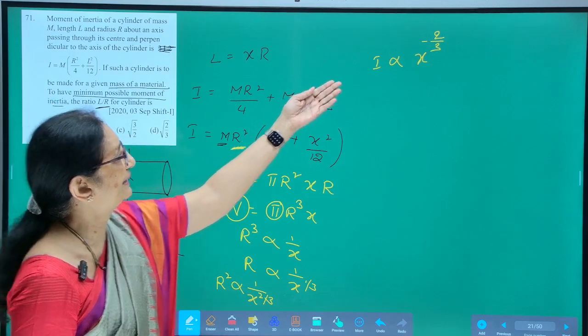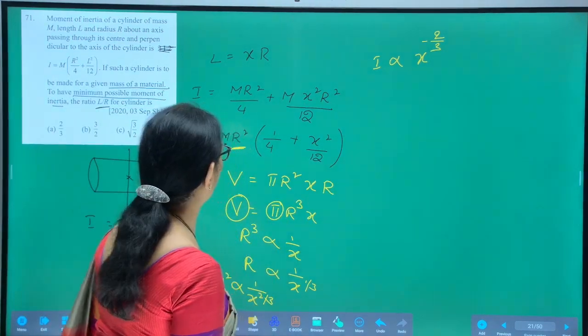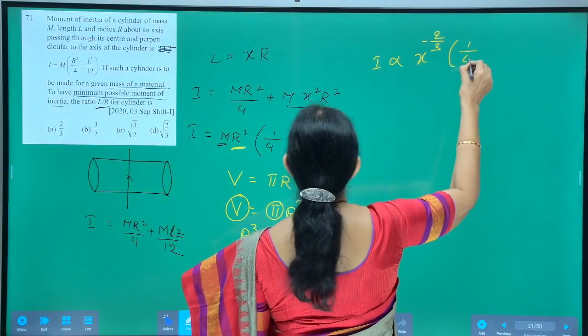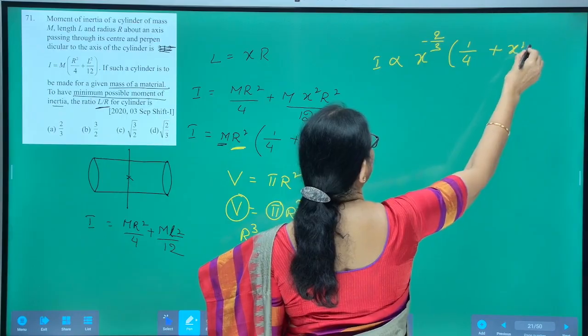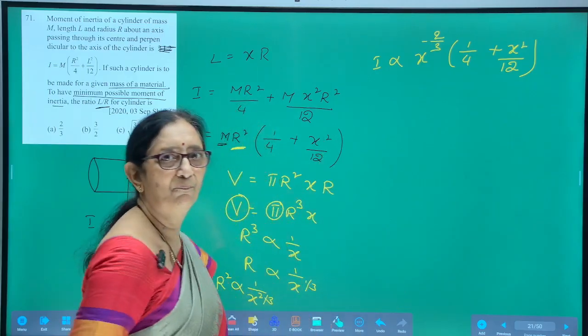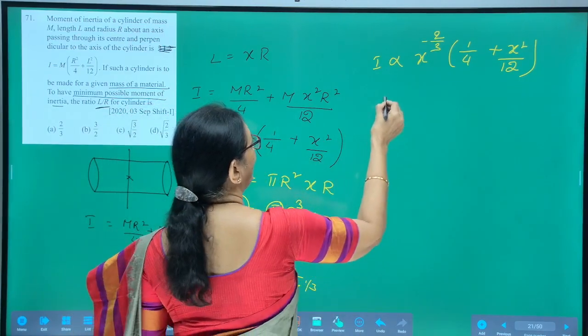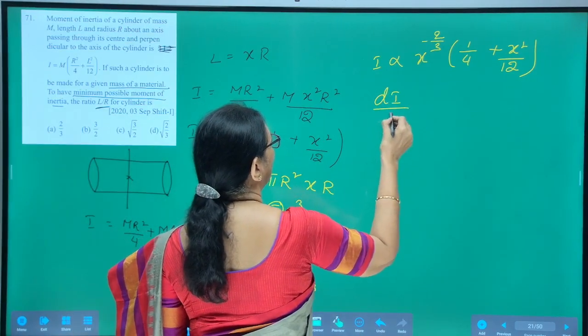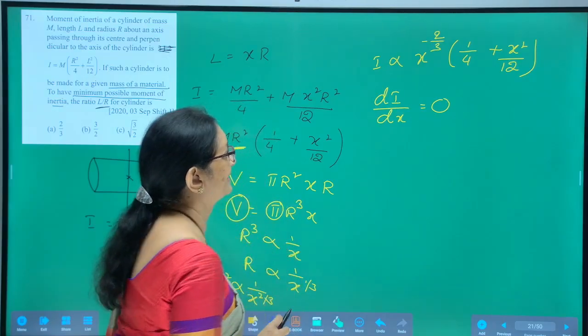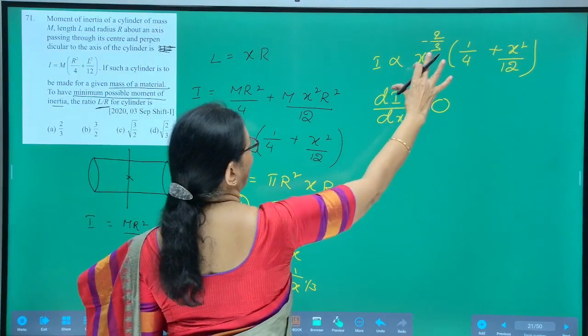Taking that to the numerator, x to the power of minus 2 by 3 into 1 by 4 plus x square by 12. To have the moment of inertia minimum, its derivative with respect to x must be equal to 0. That is the condition. Let us take its derivative.